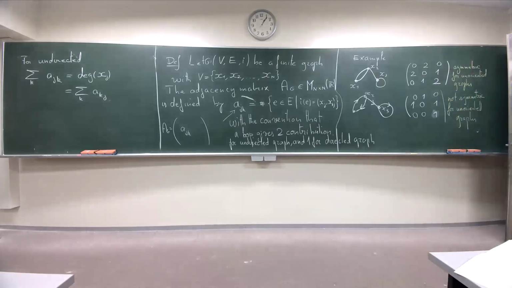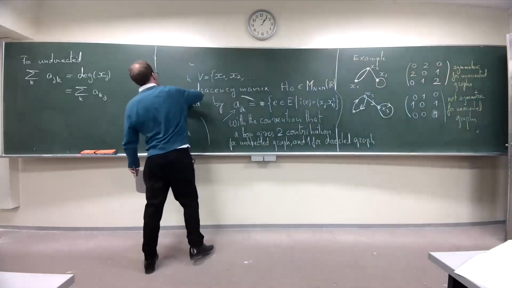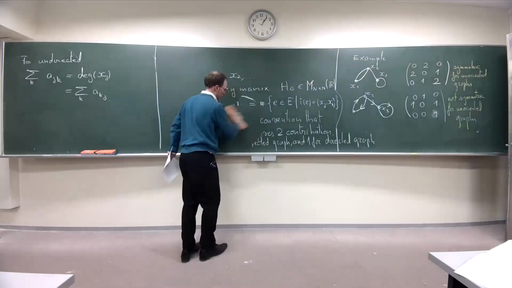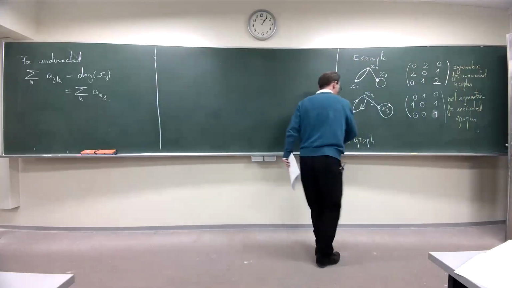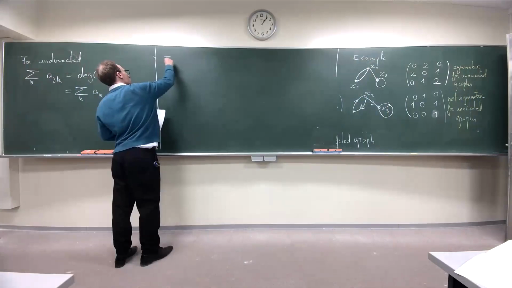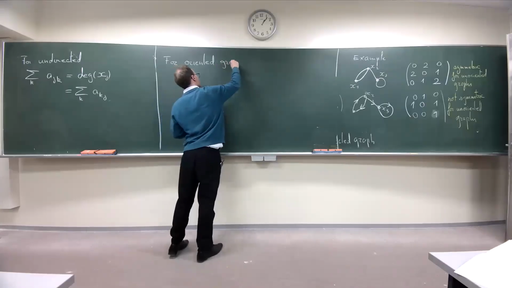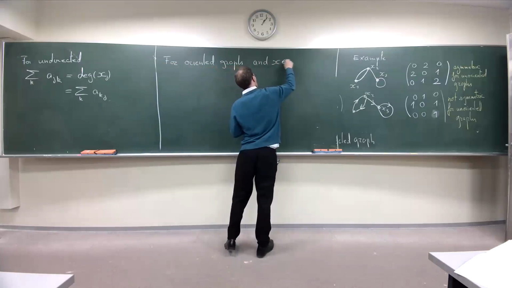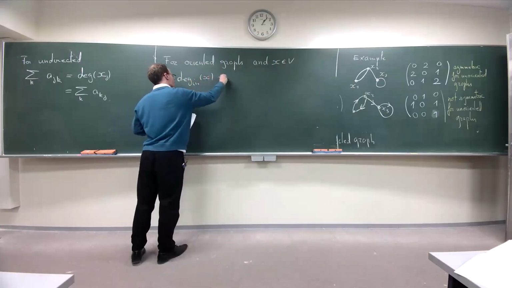For oriented, in fact, we can say a little bit more if we define the in degree and the out degree. I mentioned last week that we could define this, but let's do it. So let me define a new notion, which I haven't introduced last week, for oriented graphs. For any vertex x, we define the in degree, big N of x, and you can guess the definition.